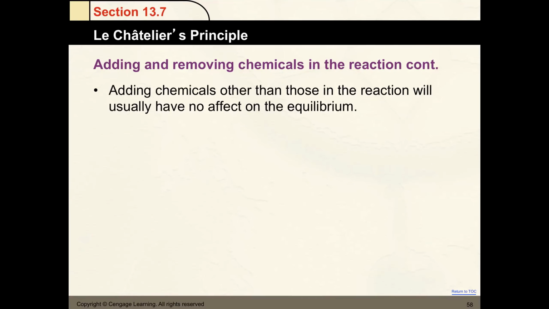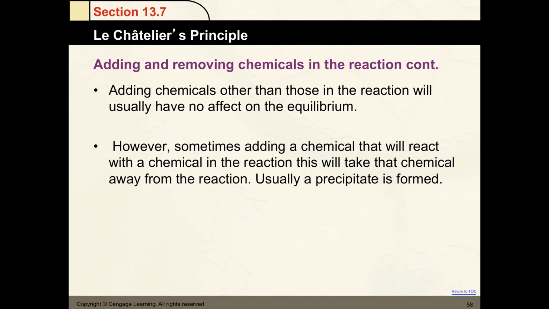Usually if you add chemicals that aren't even in the reaction, you're not going to have an effect on equilibrium. However, sometimes if you add a chemical that will form a precipitant, then this will actually take away that chemical, and the reaction will shift toward that reactant or product that started to form a precipitant, to make up for the loss.